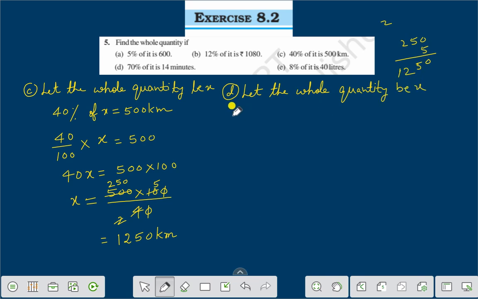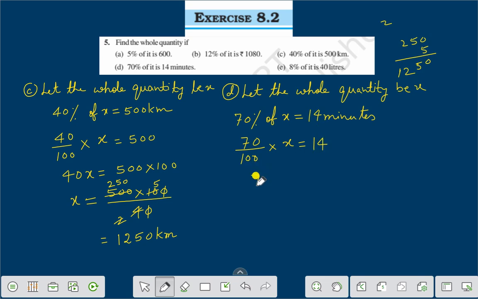According to the question, 70% of x is equal to 14 minutes. Now 70% means 70 by 100, of means multiply, x is equal to 14.